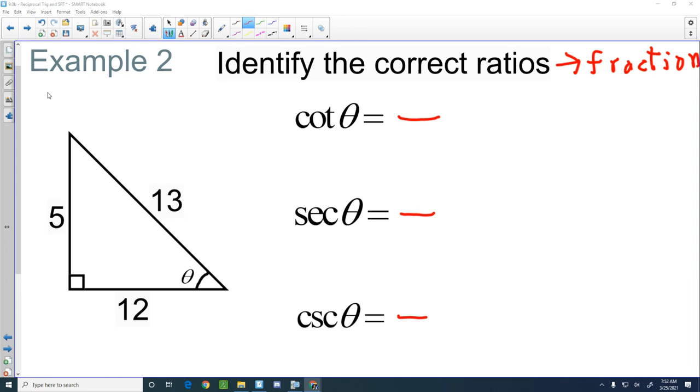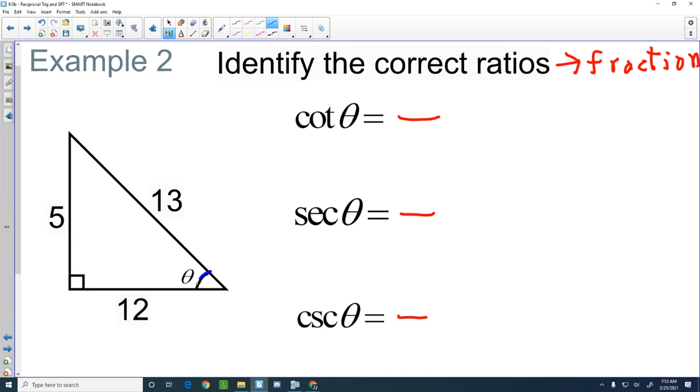All right, did we get our ratios? Cotangent. So if tangent is opposite over adjacent, then cotangent is adjacent over opposite. Now, the first thing I would do when I see this triangle is label the sides A, O, and H for the adjacent, opposite, and hypotenuse.